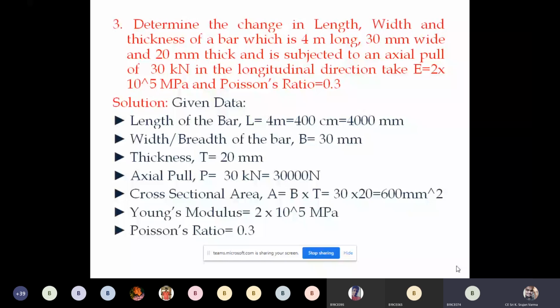Now tell me, give me some idea how to solve the problem. We have to determine the change in length, width, and thickness. Which formula can be applied here? Can you suggest me some formula? Maybe stress.